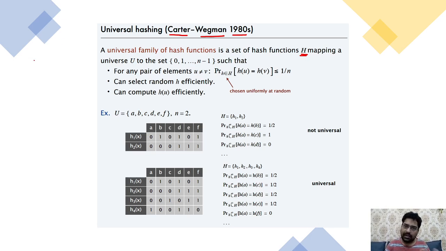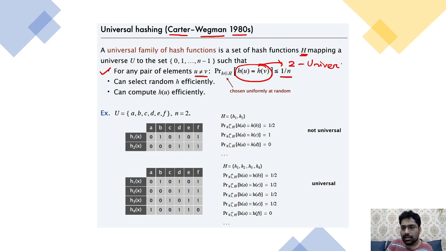You can say n number of slots, or you can start from 0 to n minus 1, such that for each pair, as we have already said, if the two elements are not equal but map to one slot, the probability should be 1 by n. So we are considering these two elements. That's why it is called 2-universal.